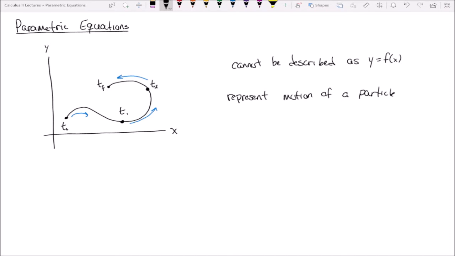Well, if we take a look at this point here, it's an ordered pair, right? It's the x position at time t and the y position at time t. Well, this is the idea behind parametric equations.